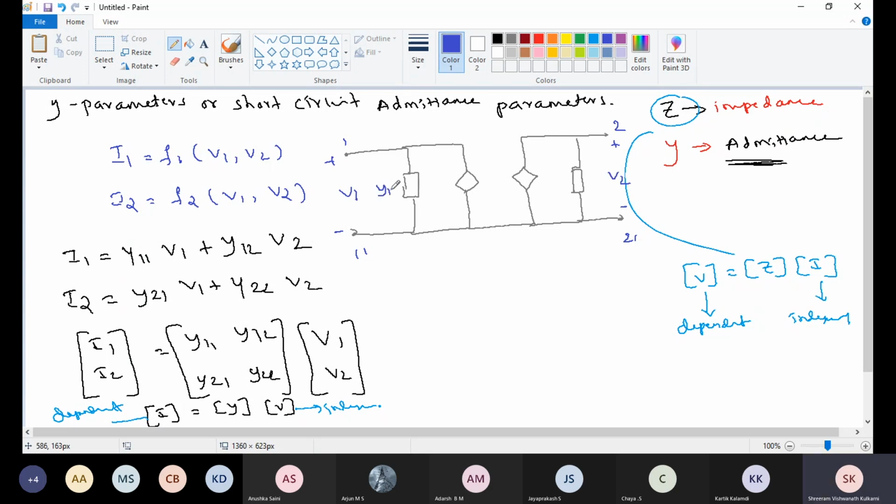This one is Y11, this one is Y22. Then Y12 V2, and this one Y21 V1. Current I1 is flowing here, I2 is flowing here. This is the network in terms of Y parameters.